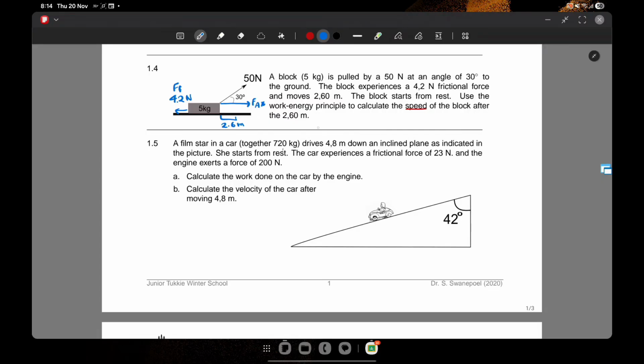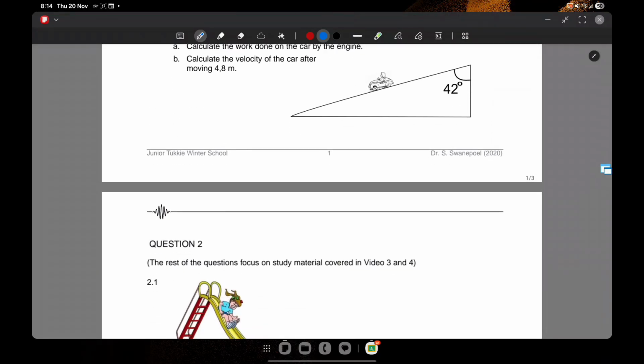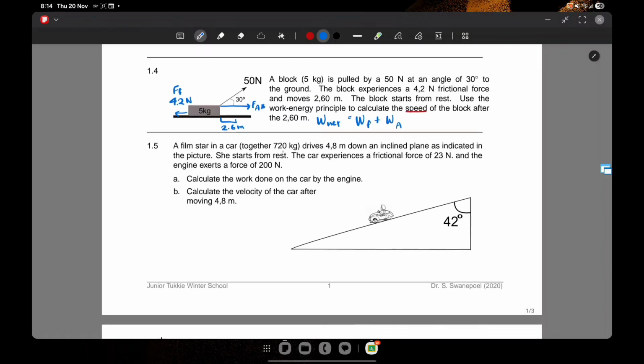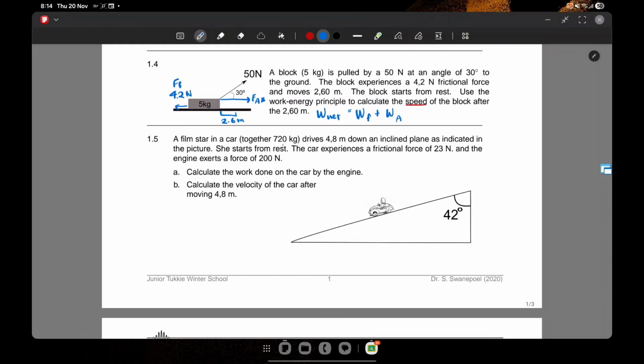What we're going to do first is find the net work being done on the block. The net work is always the sum of the total work. So, the work done by friction and the work done by the applied force are the two here.